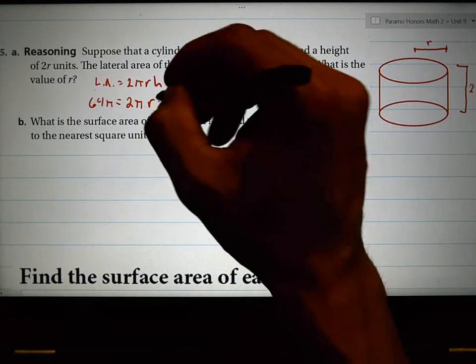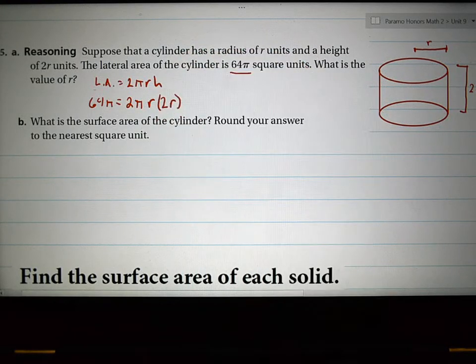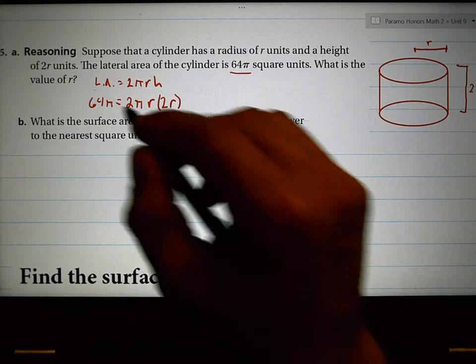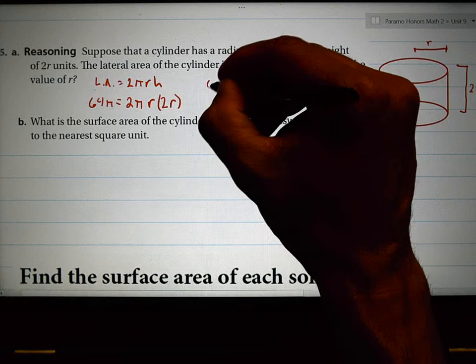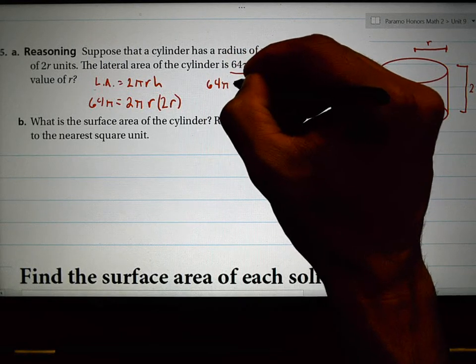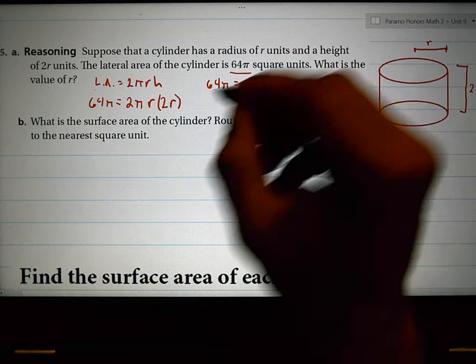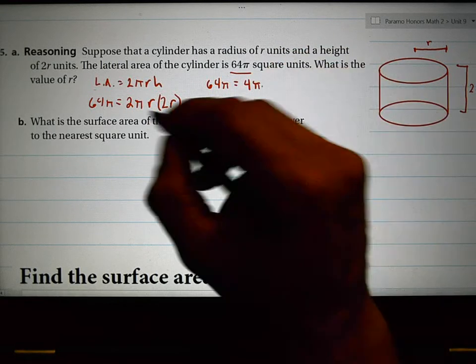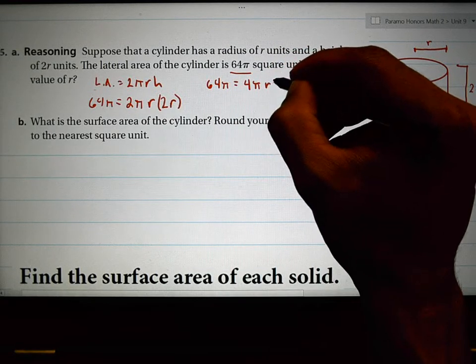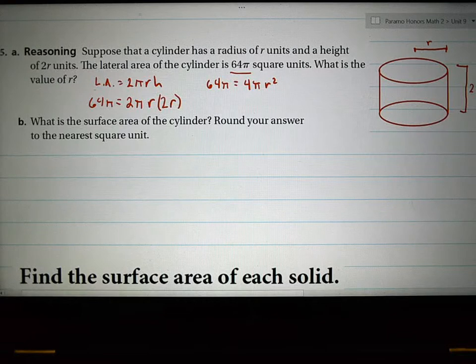Plug that in for h. So what we're left with is this. We're left with 64 pi equals, I'm going to multiply 2 times 2, which is 4, pi. r times r is r squared.